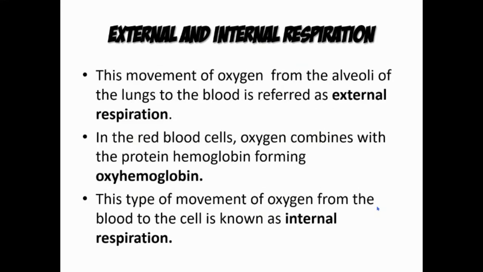So this movement of oxygen from the alveoli of the lungs to the blood is referred to as external respiration. So in the red blood cells, oxygen combines with the protein hemoglobin forming oxyhemoglobin. Then this type of movement of oxygen from the blood to the cell is known as internal respiration. So ito na po yung process niya.